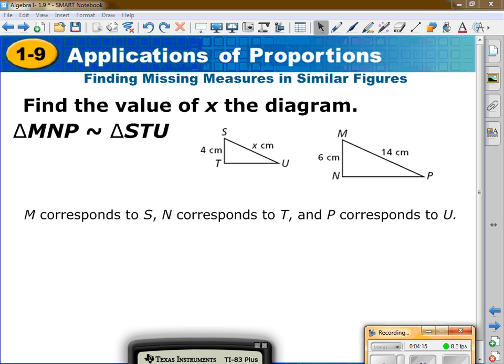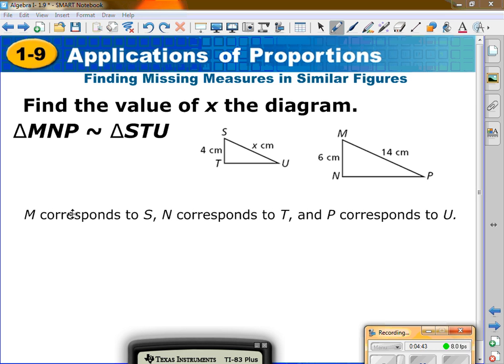M corresponds to S. N corresponds to T. And P corresponds to U. What do you think we're trying to find in this problem? Trying to find x. So we need to set up some sort of proportion.